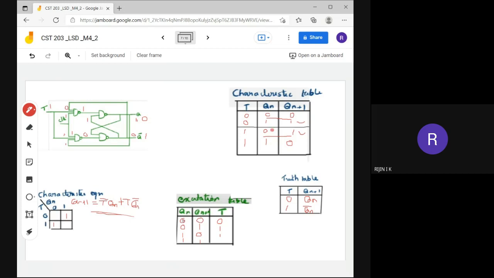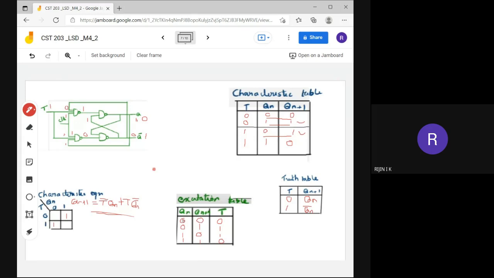Qn and Qn plus 1 are 1, 1. Okay, so 0. So this is the excitation table corresponding to this T flip-flop. We have drawn a characteristics table.